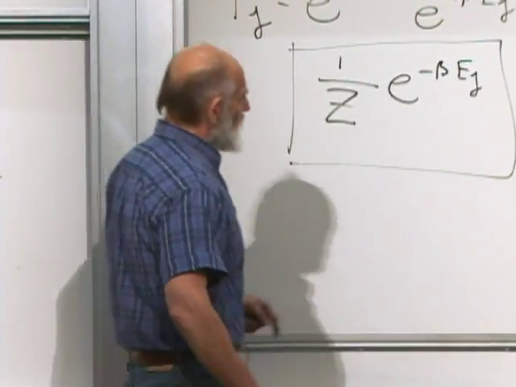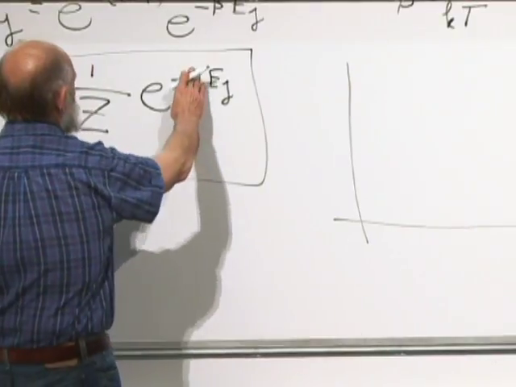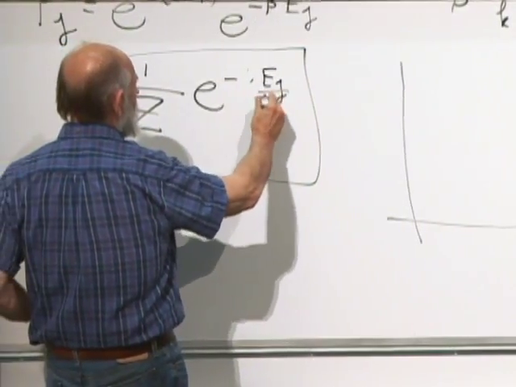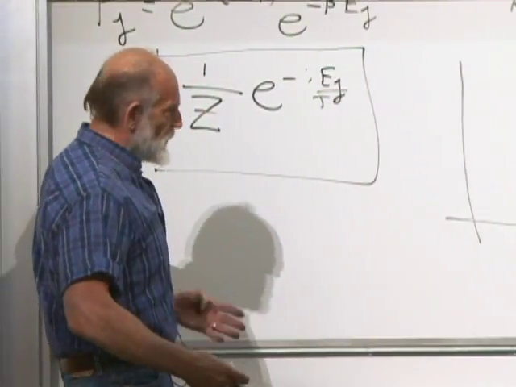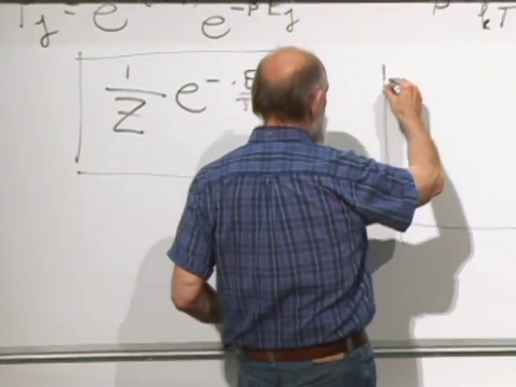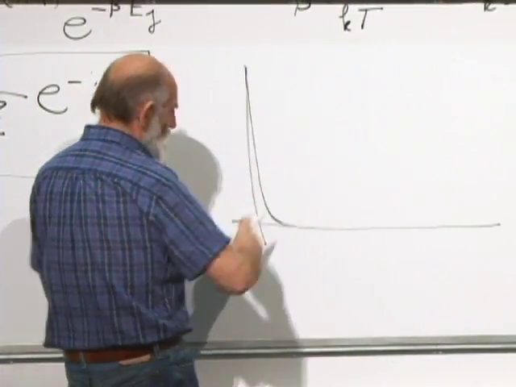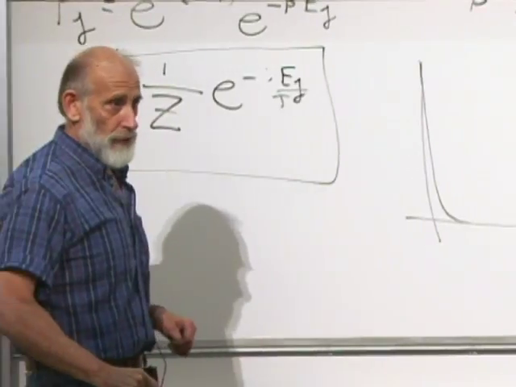So, let's put T in over here. At very, very low temperatures, the probability distribution is squashed toward very low energy.